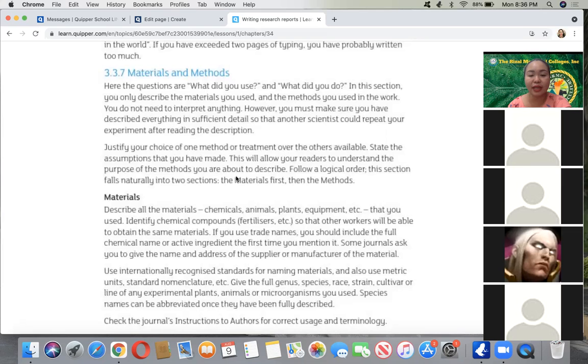And also sometimes when you do the methods, especially laboratory methods, you have to cite the author where you got the specific method, like tissue culture by Ramon Barba, because he's the one who started the earlier tissue culture in banana. So for example, like that.